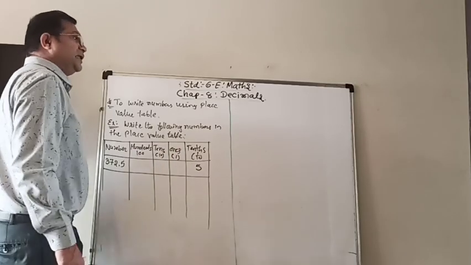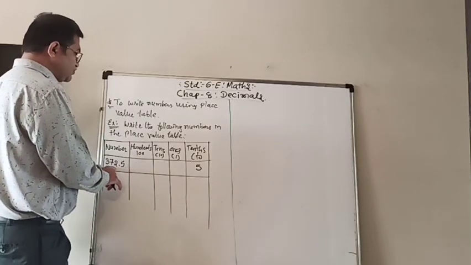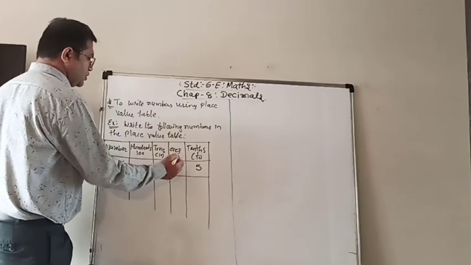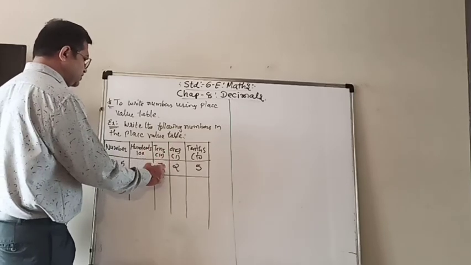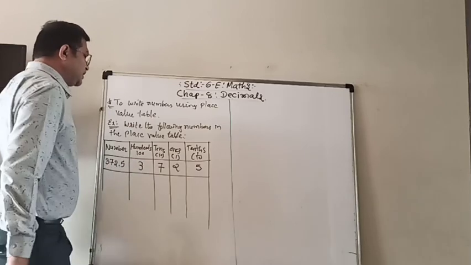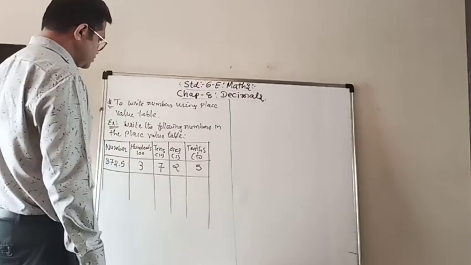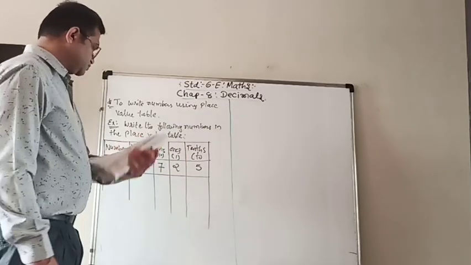To the left of the decimal point is the ones place. So the 2 will come in the ones place, 7 in the tens place, and 3 in the hundreds place, because after the ones place the point will be there.